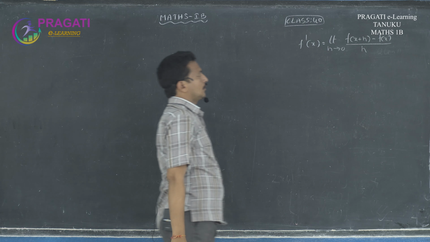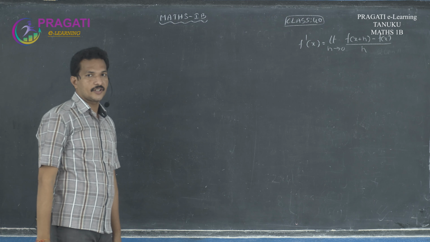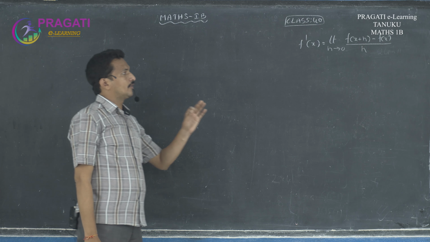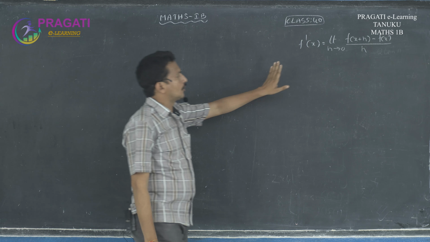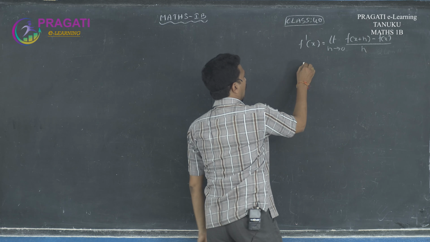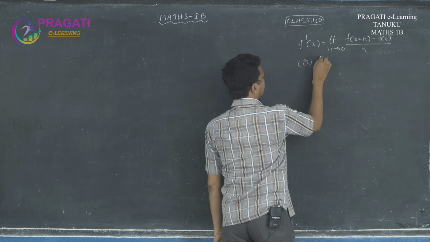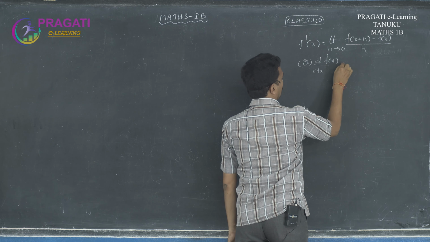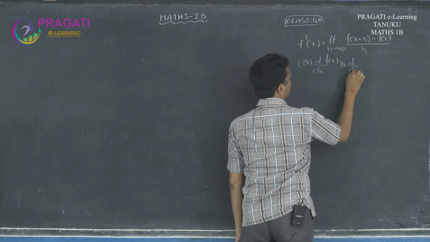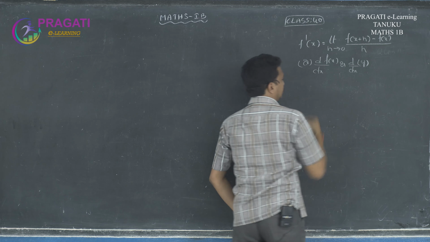Limit h tends to 0, f of x plus h minus f of x by h is called the differentiation of f of x with respect to x, and it is denoted by f dash of x, or sometimes d by dx of f of x or d by dx of y.